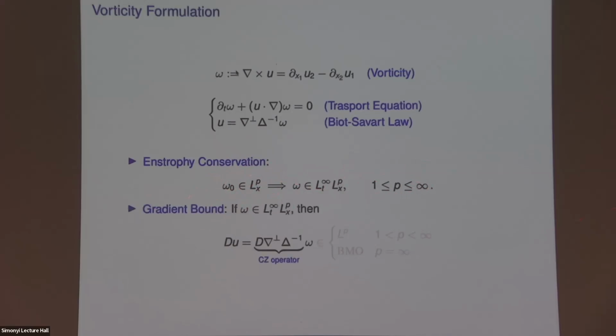So in particular, if we have a uniformly controlled vorticity, we can look at the velocity field and try to understand what kind of a priori bounds we get.